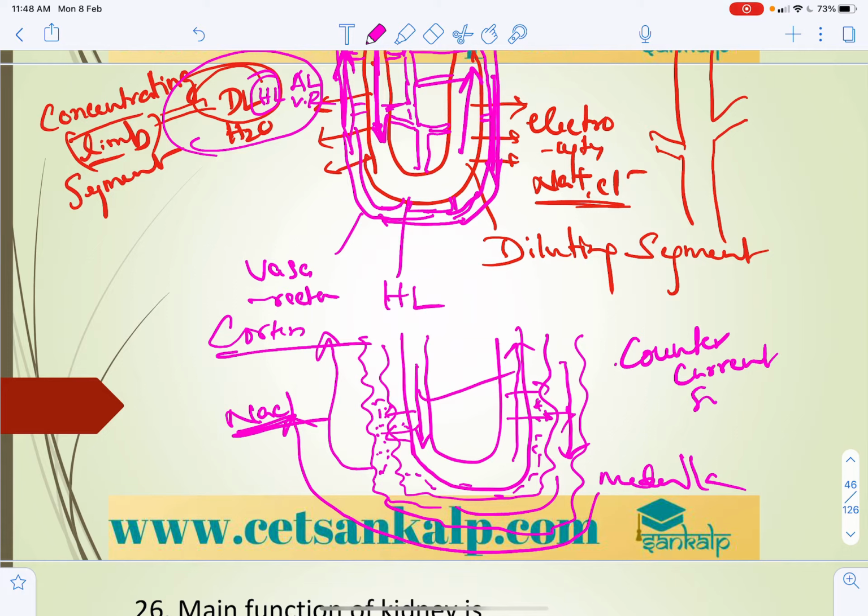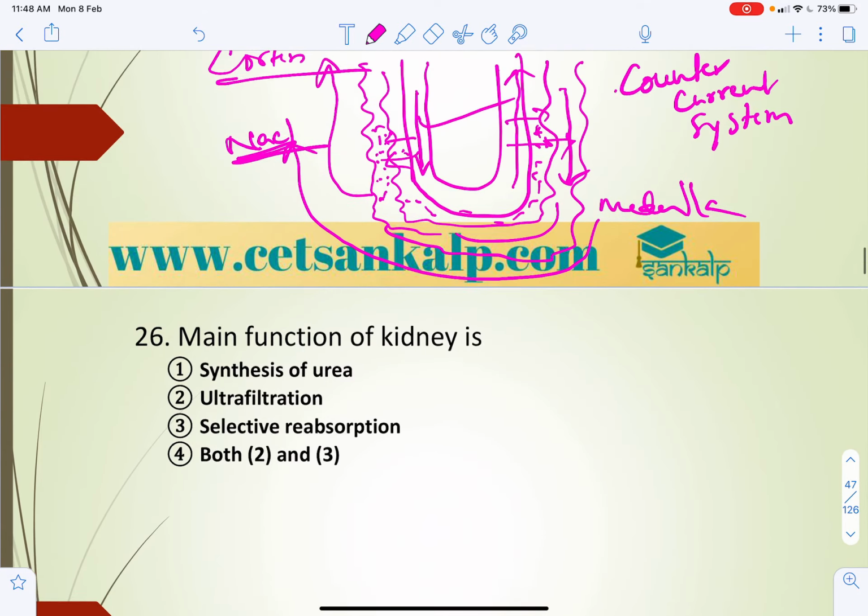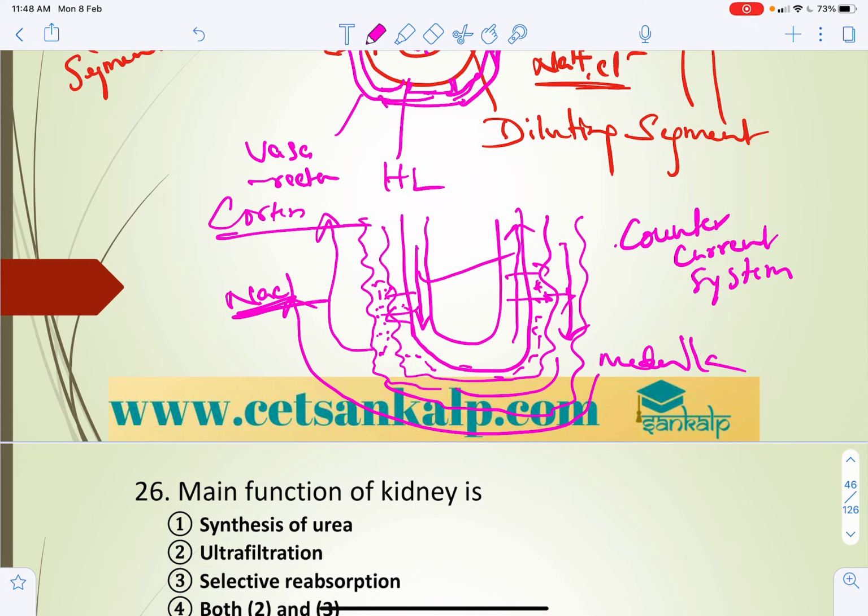Countercurrent system, maintaining the concentration gradient, because of which the urine will be eliminated in the form of concentrated or hypertonic urine.